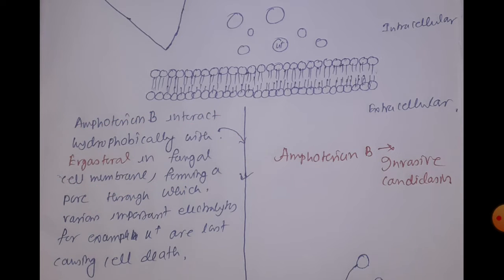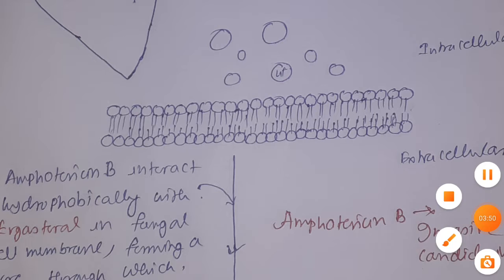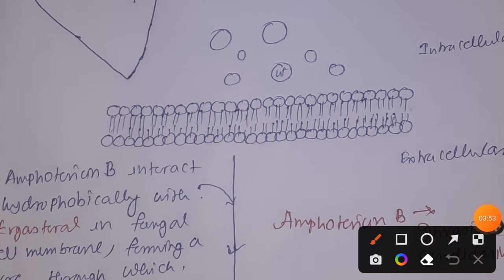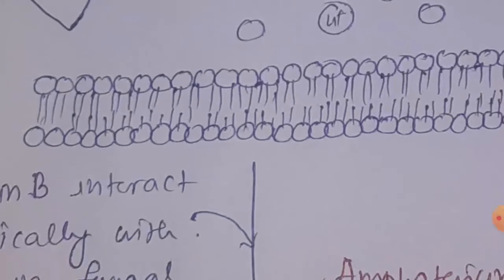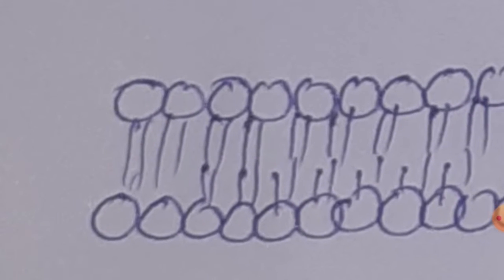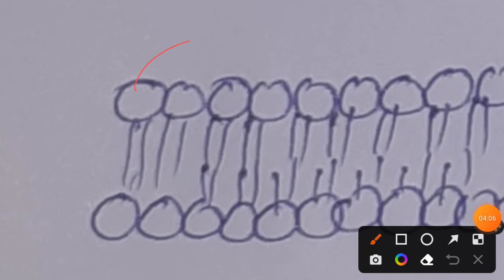Another important thing to mention is that the cell membrane is nothing but a phospholipid bilayer, which consists of two parts. If you zoom this picture, these round structures are called the head, which is generally hydrophobic, and these inner parts are called the tail, which is generally hydrophilic.